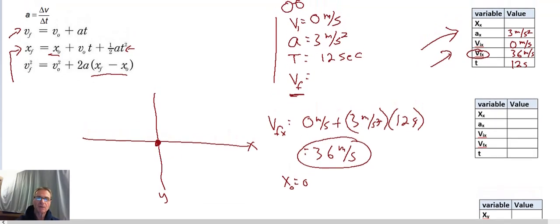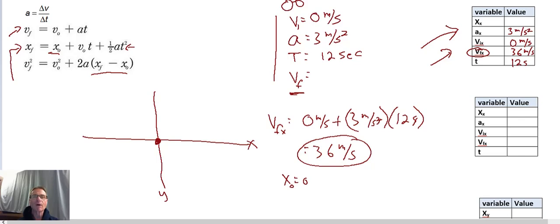Okay, so moving right along here. We want to know now what our final position is and then what our displacement is. So we're going to use x final equals x initial plus V0t plus a half a t squared, and we're going to get our position from that.